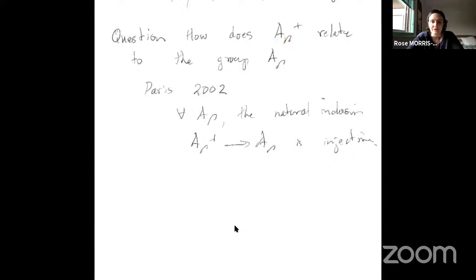For example, you could ask geometric questions, right? In my Cayley graph for my group, the collection of monoid elements might define a subgraph. I could ask, is that subgraph convex? Does it have any nice geometric properties?